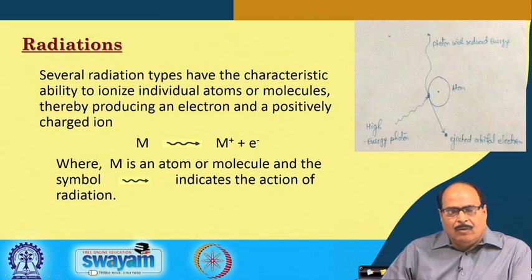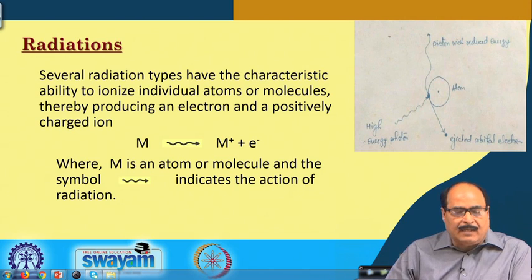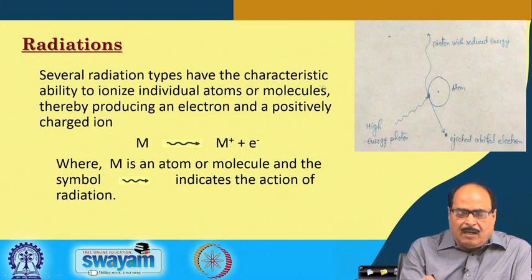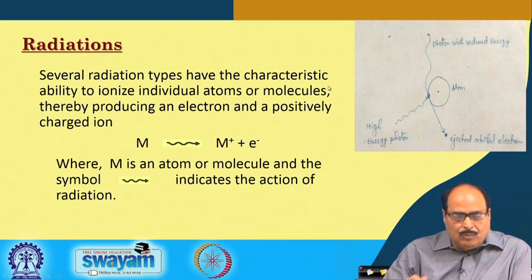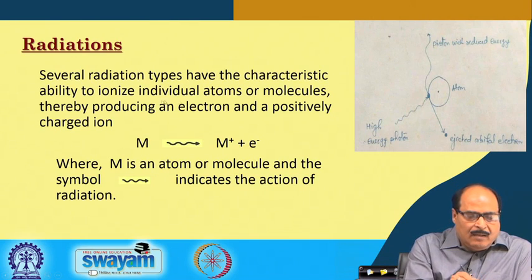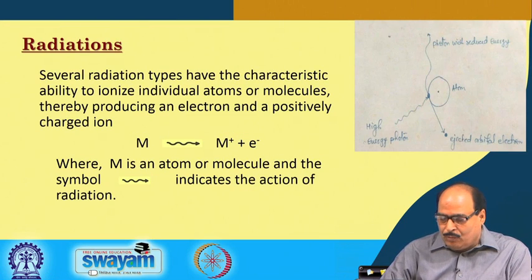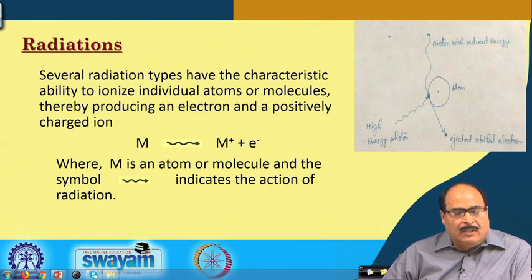There are several radiation types which have the characteristic ability to ionize individual atoms or molecules, thereby producing an electron and a positively charged ion.